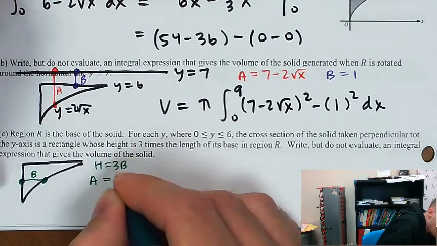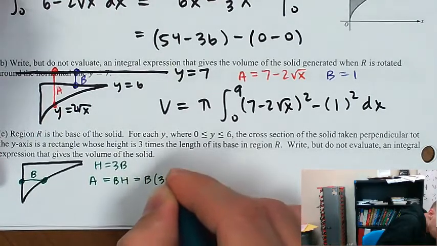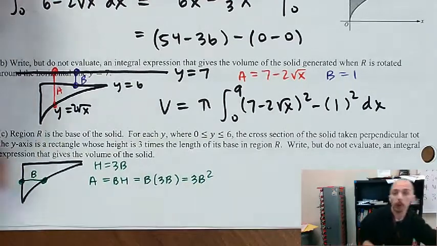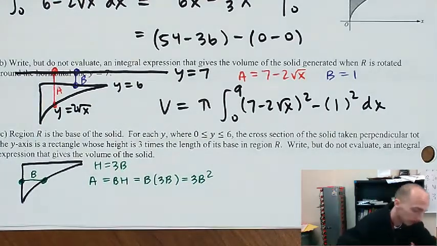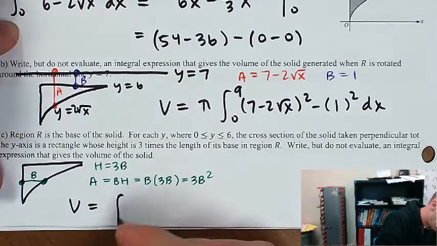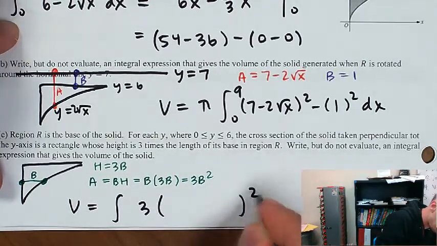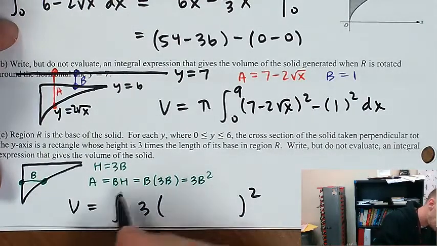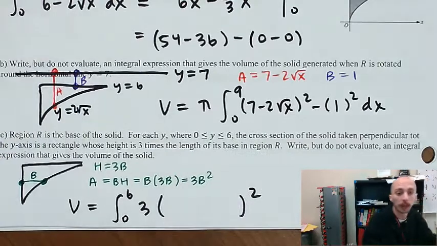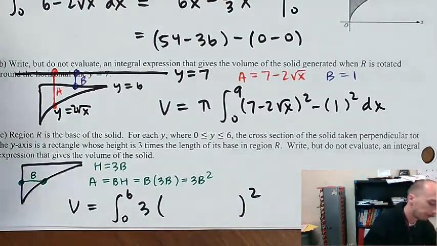And then the area of a rectangle is base times height, which is going to be base times 3 bases, which is going to be 3 base squared. Okay. So I know my volume is the integral of the area formula, so it's going to be 3 times the base squared. And y is going to run from 0 up to 6. They kind of even told me that.